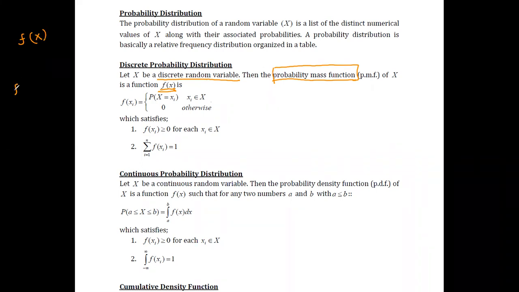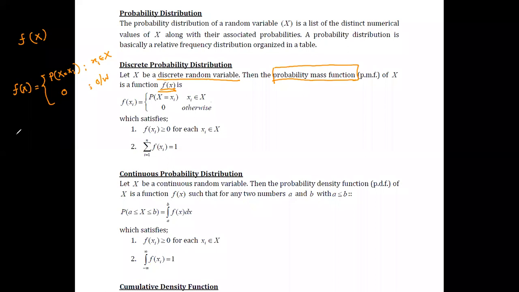The probability that x equals xi, the ith value of x, is denoted by P(X = xi), where xi belongs to the set of values of x. Otherwise, generally, the value is 0. This is the general form we write.